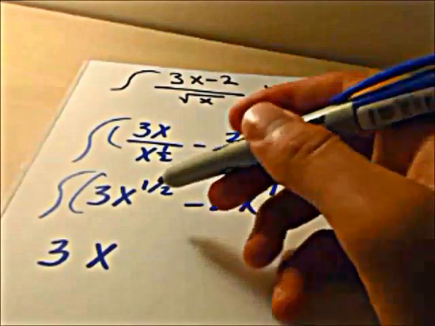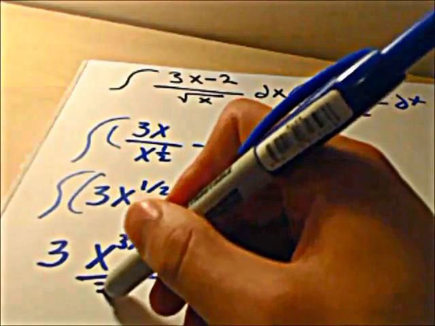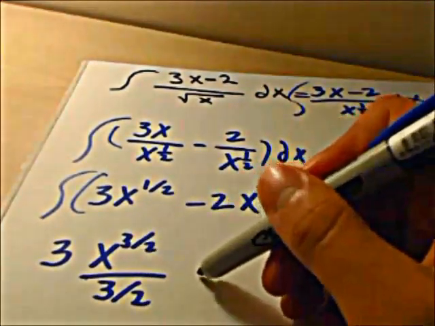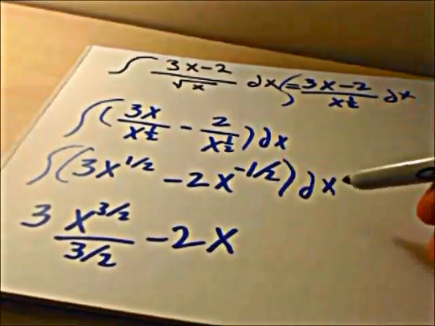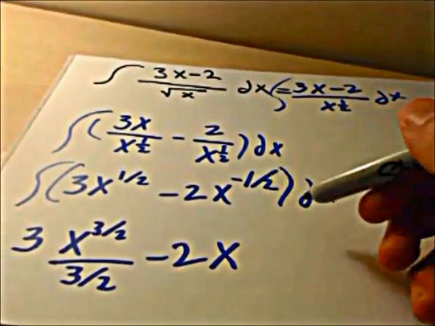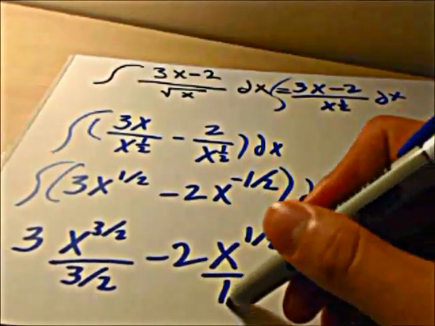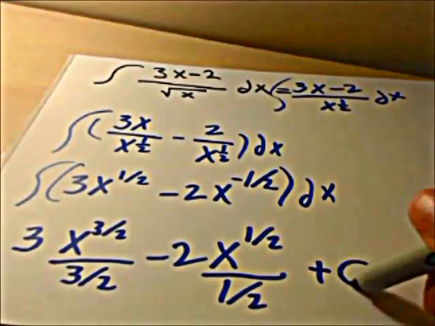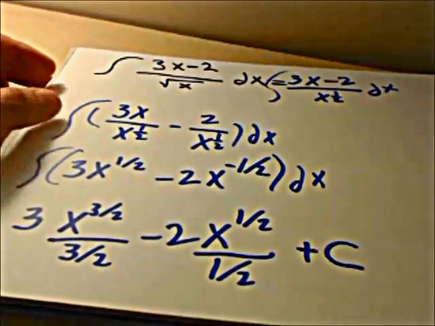A half plus 1 is 3 halves, and then we divide by the new power, 3 halves. Minus, the same thing for here: we put the coefficient outside and integrate the variable. Minus half plus 1 is positive half, careful about the signs, over the new power, positive half, and then plus c. Don't forget plus c, because we've got an indefinite integral here.